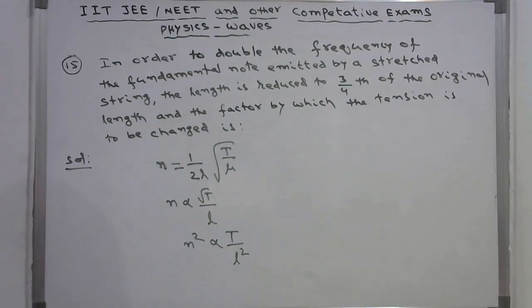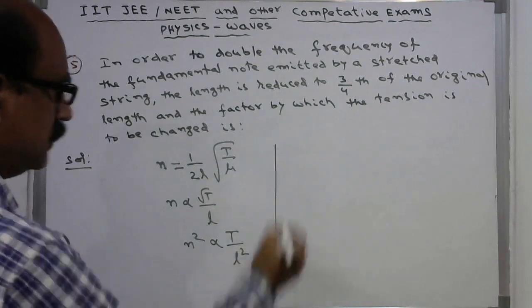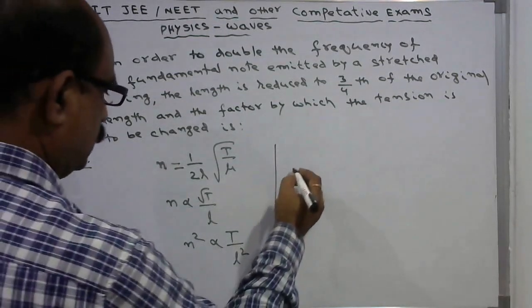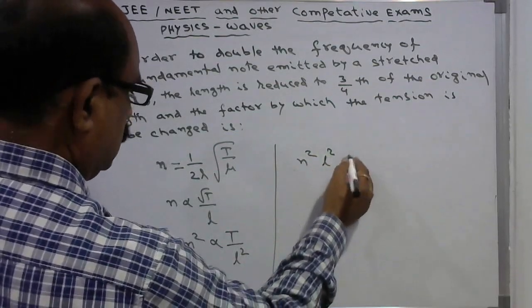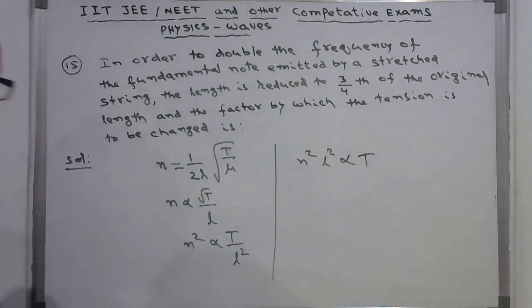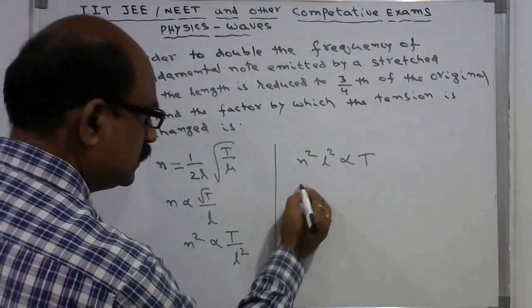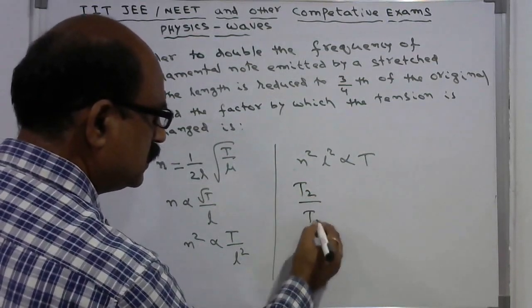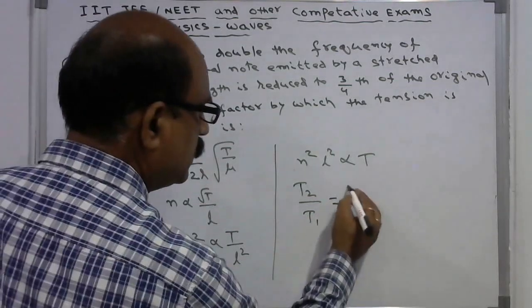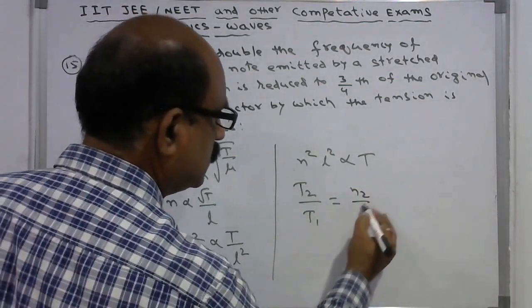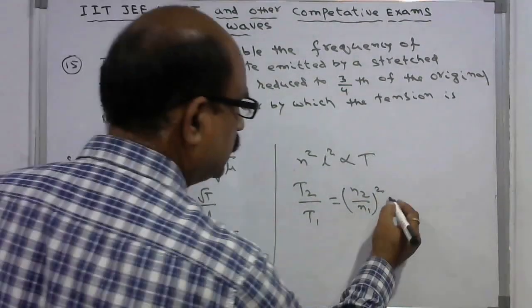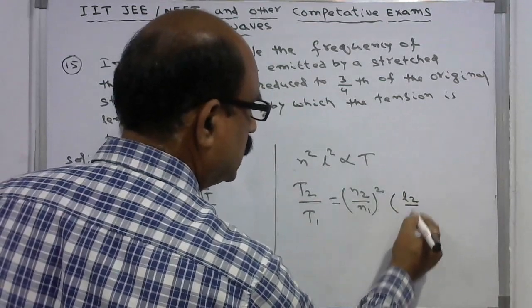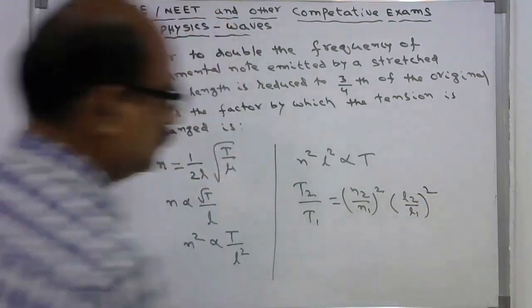So from this relation, n square L square is proportional to T, and T2 by T1 is equal to N2 by N1 whole square into L2 by L1 whole square.